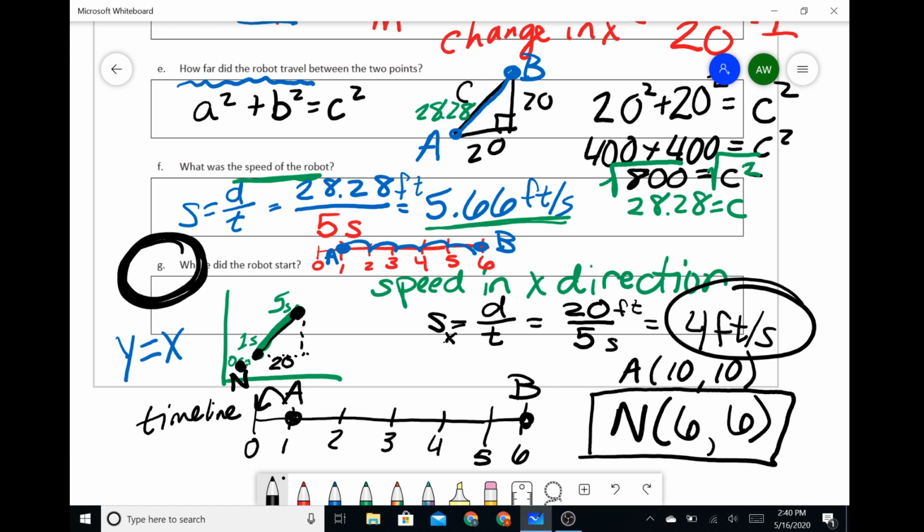And if you're also feeling like, you know what, Miss Wesneski, I just did an entire page of math. It is a Saturday. And if you're ready to take a break, that's okay too.